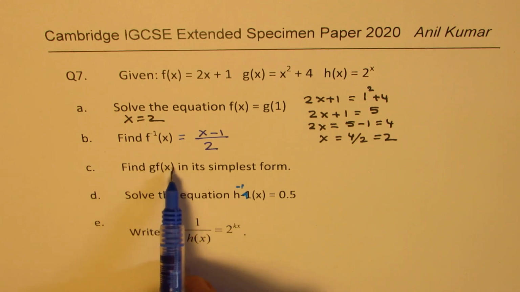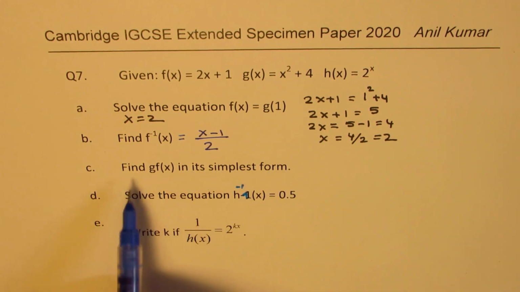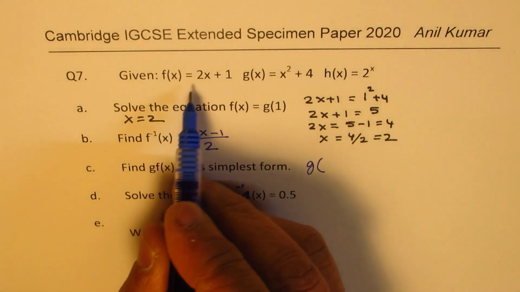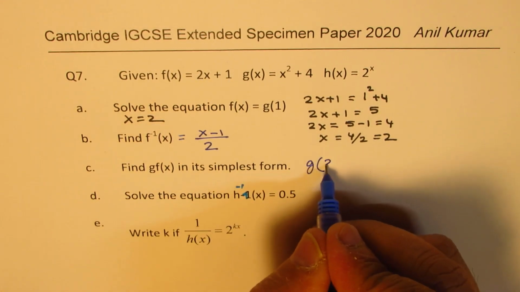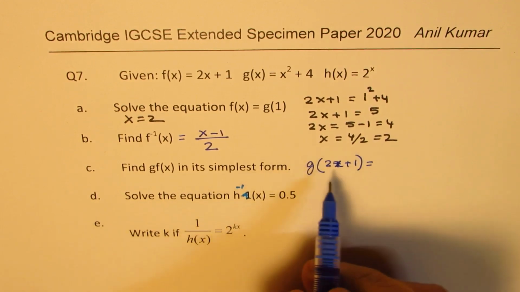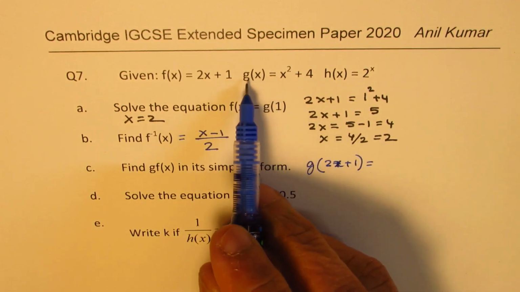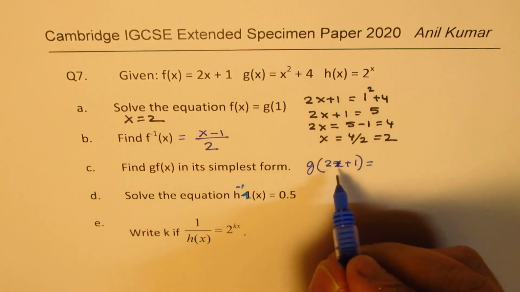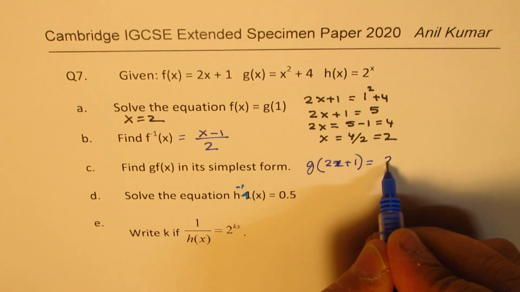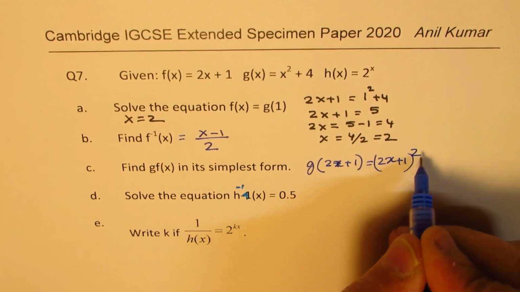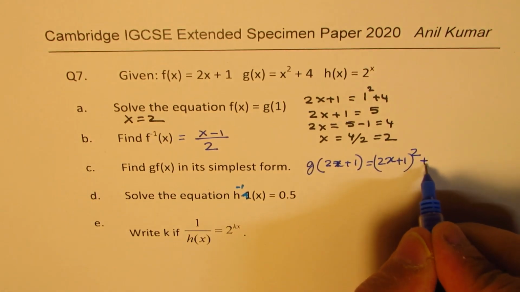Find g of f of x in its simplest form. So g of f of x. We'll write f of x as 2x plus 1. Now we'll substitute 2x plus 1 in the formula given for g of x. The function is x squared plus 4. So we'll have the square of this, which is (2x plus 1) squared, plus 4, right?